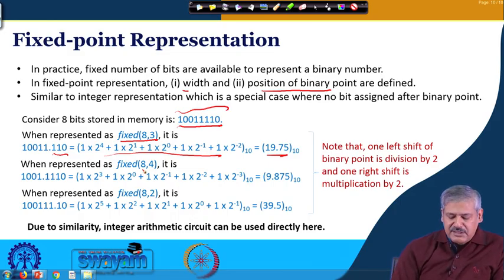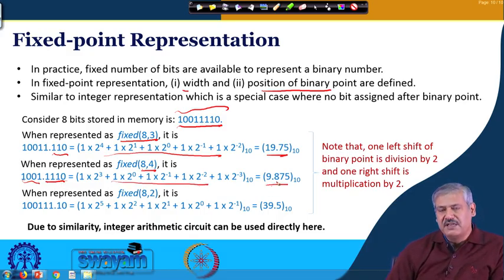Instead, if it was 8-4, 4 digits would have been there after the binary point. The same 8 bits, because the width remains the same, that is what we have mentioned here, the width to be 8. Then the integer value becomes less, and the fractional part gets more entries, and if you add them up, you get 9.875 as the decimal equivalent.